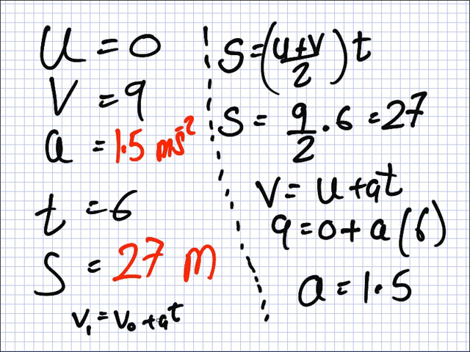And you'd have V2 squared equals V1 squared plus 2AS. Or if American system, VF equals VI plus AT. Yes, we also use this one. Right, continue?